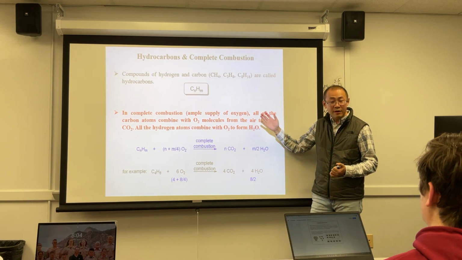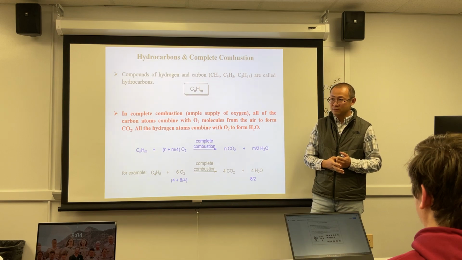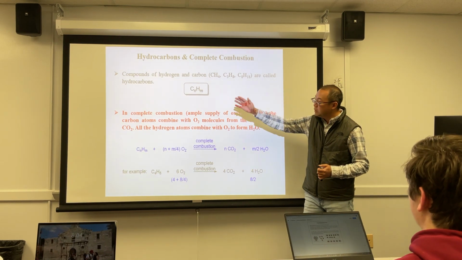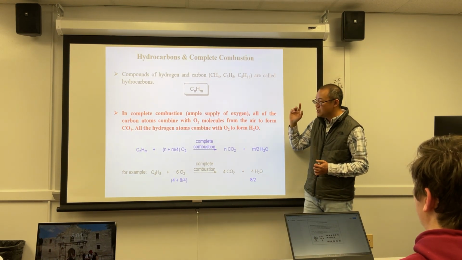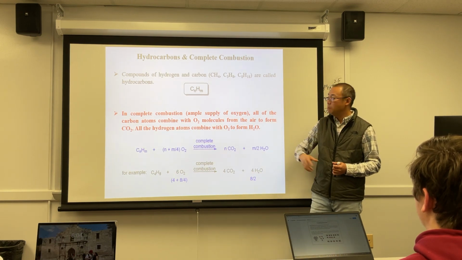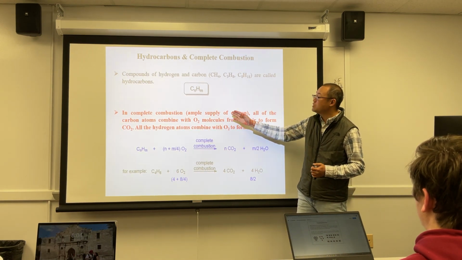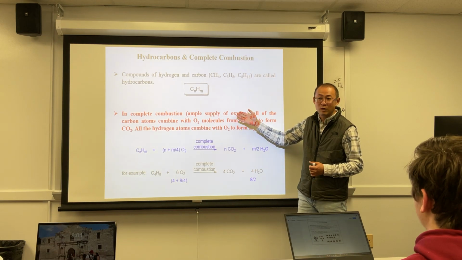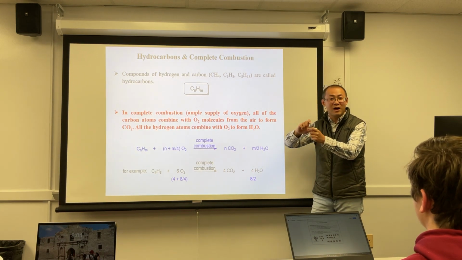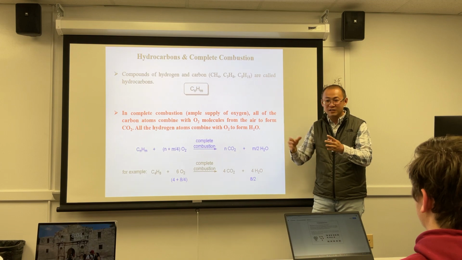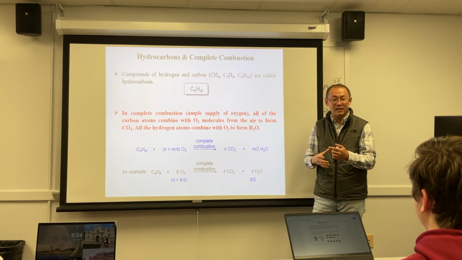Now, here is a very important fact about hydrocarbons. In complete combustion of hydrocarbons, complete means you have an ample supply of oxygen. The oxygen, the red bubbles, you have enough. You don't have to worry about whether there is enough for you to combine with C and H or not.